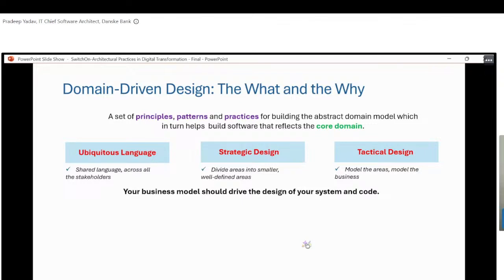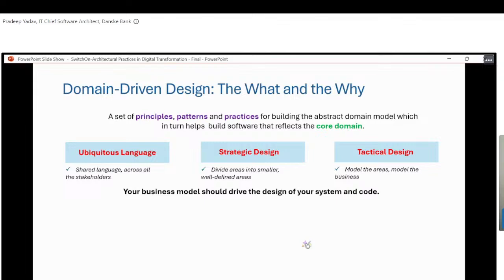DDD operates on two levels, basically strategic domain-driven design and tactical. In the strategic part, we collaborate with all the stakeholders to identify the landscape of the domain and divide it into well-defined areas, the subdomains, and categorize them.